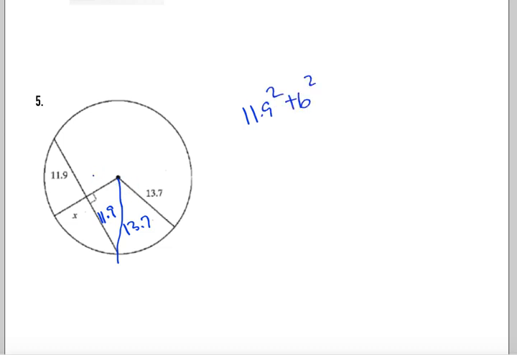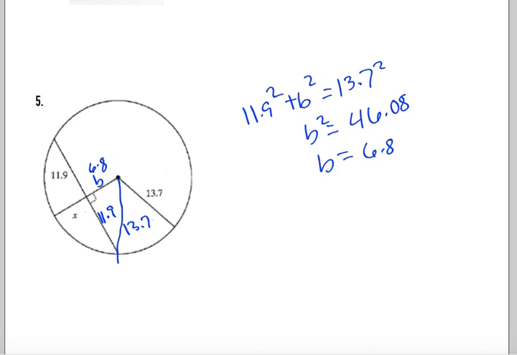So this is going to be like b, this part here, equals 13.7 squared. And this will give us that b squared equals 46.08 when we do 13.7 squared minus 11.9 squared. And then when we square root that, we get that b is about 6.8. So b is 6.8 in length.